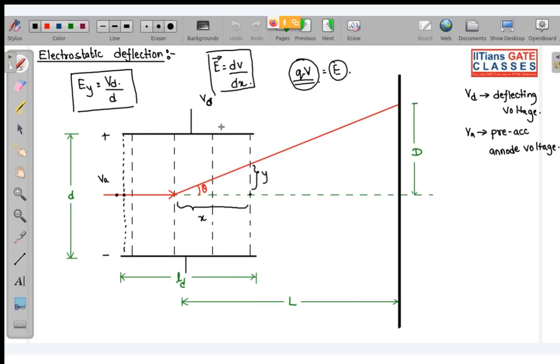If this electric field was not present, this electron would have hit over here. But as we are applying the electric field, there is a change in direction. That means there is a change in velocity with respect to time, so there is some acceleration in the y direction.